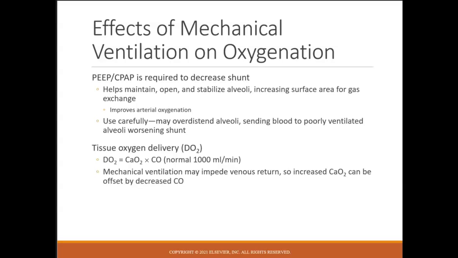We want our PEEP to keep this open, but if we use too much PEEP, that's going to over-distend or over-ventilate that alveoli and squish the capillaries it's resting up against. In that case, I'll have ventilation, but no perfusion.